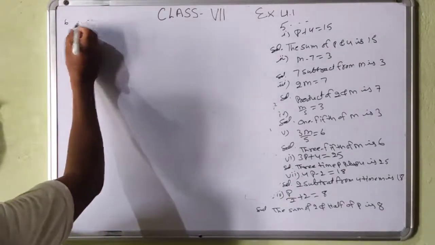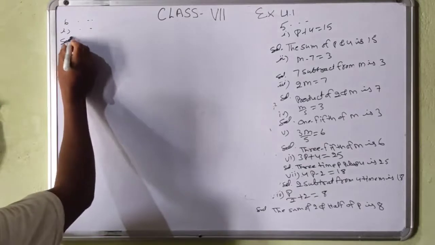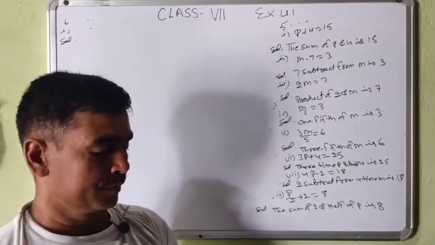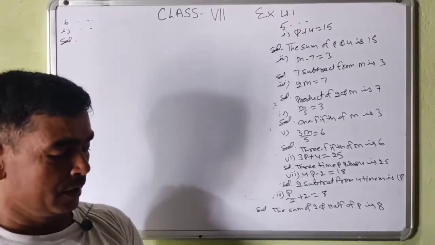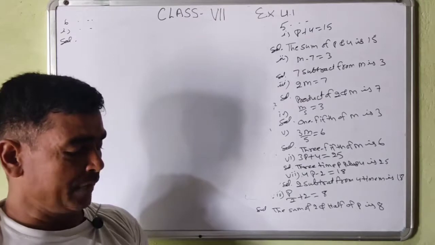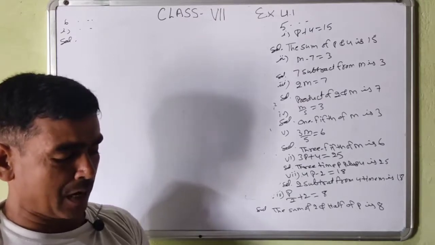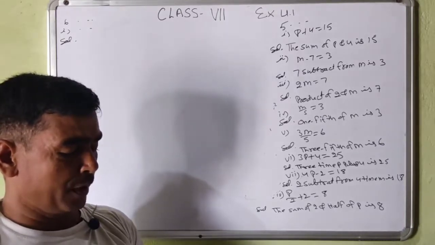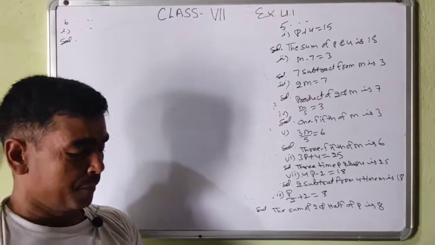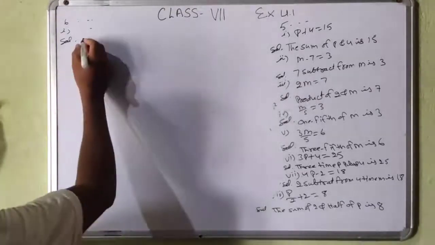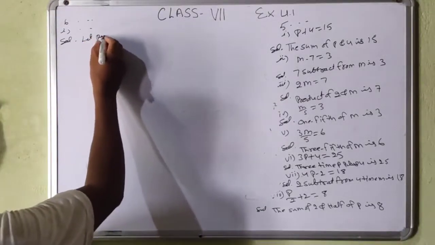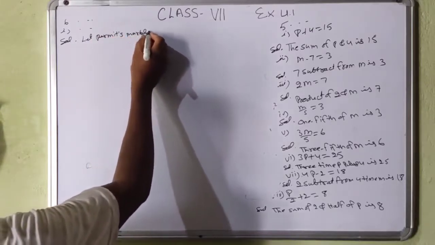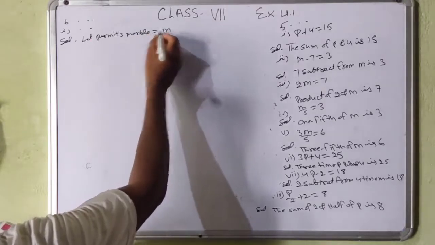Question 6, first part, solution. Irfan said that he has 7 marbles more than 5 times the marbles Parmeet has. Irfan has 37 marbles. So take m to be the number of Parmeet's marbles. So let Parmeet's marbles be m.